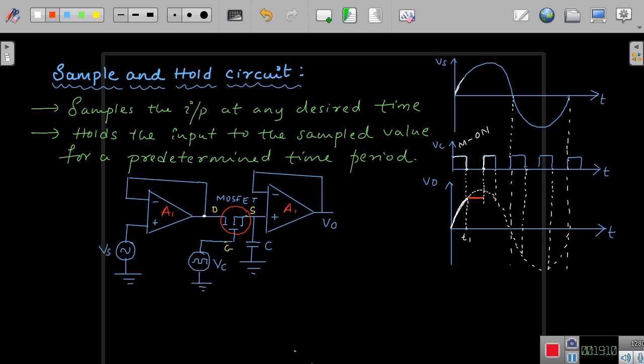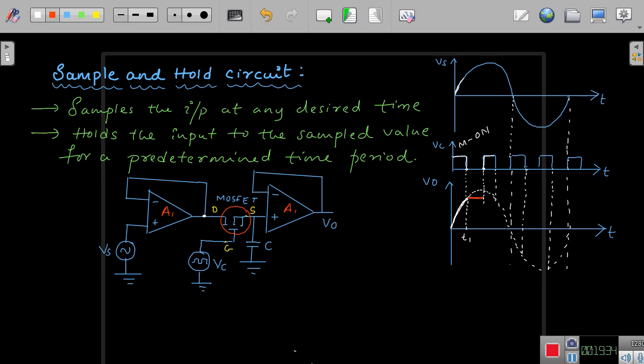So it could be here or it could be here. Sometimes this may be displaced here, this may come earlier. That all depends upon your requirement, where exactly you want to catch, or specifically speaking, latch that particular input value, so that it can be held for a certain time period and processed for whatever application it is deployed for.